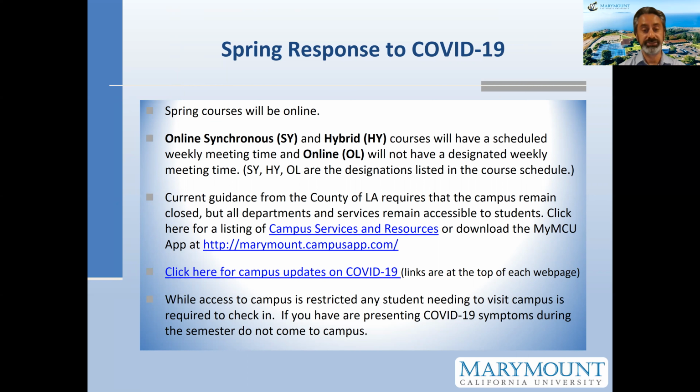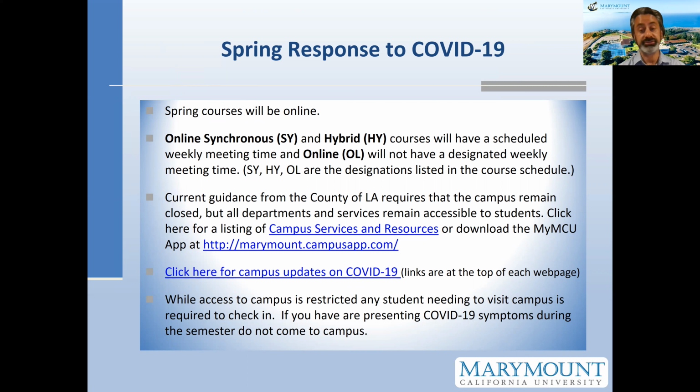Our online synchronous classes are designated by SY, hybrid classes HY, and online courses OL. So what's the difference? Online synchronous and hybrid are for the spring basically the same thing. Those classes will have a scheduled weekly meeting time. So if you see SY or HY, know that you have to be available at that designated time.